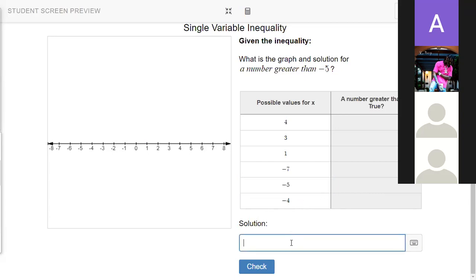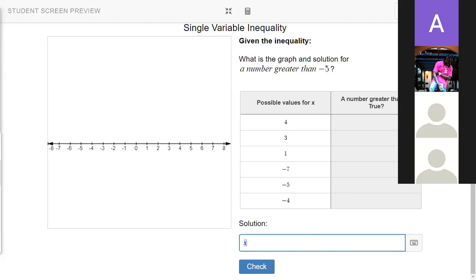Good. All right, so what is going to be the expression I write here for the inequality? It's going to be x something. Is it going to be greater than or less than? What am I going to write down here for my solution of the graph?